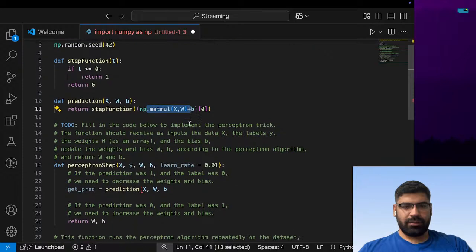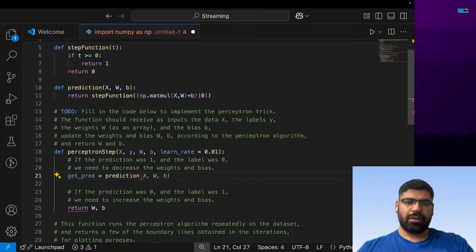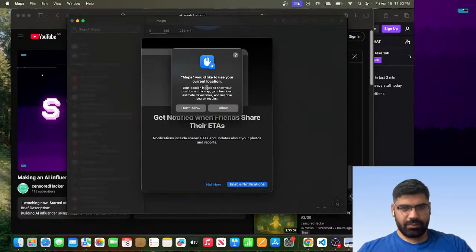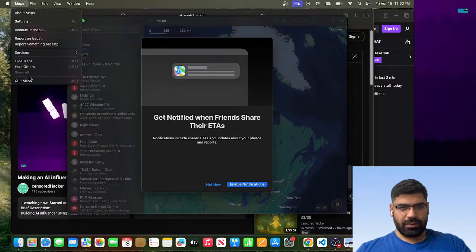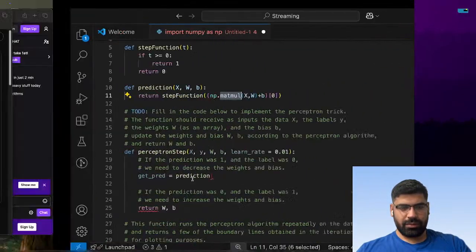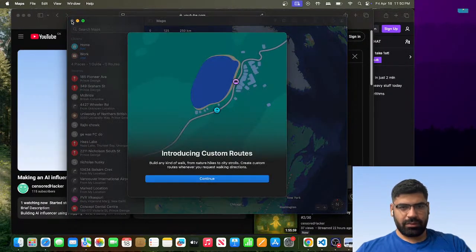It calculates the whole thing. Prediction. We send the info.